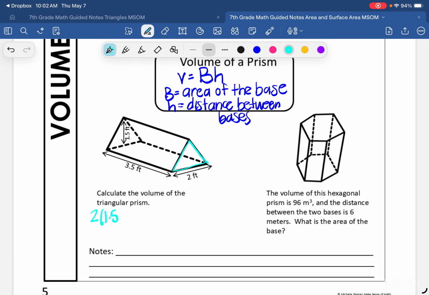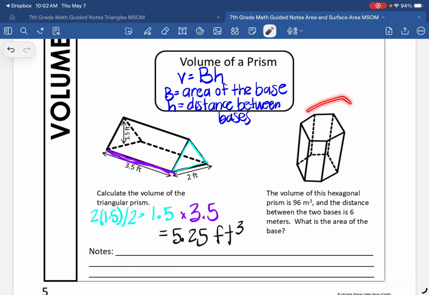And then since it's a triangle, divided by 2. And that gives me 1.5. So that's the area of the base. And then the distance right here between the bases, or the height. So that's going to be 3.5. So I'm going to multiply 1.5 times 3.5. And I get 5.25 cubic feet.